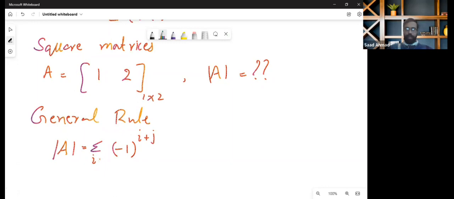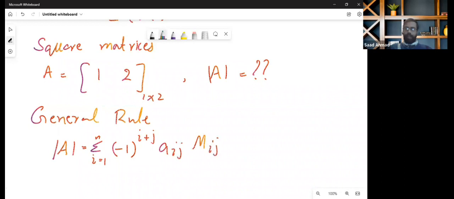The i's are the rows, it starts from 1 and goes up to n, where n is how many rows or columns there are. So like that. And then (-1)^(i+j), a_ij, and M_ij.